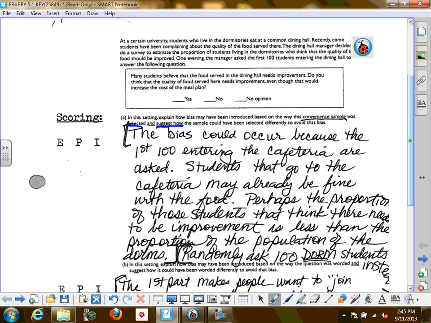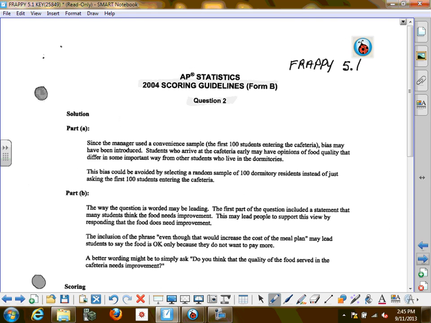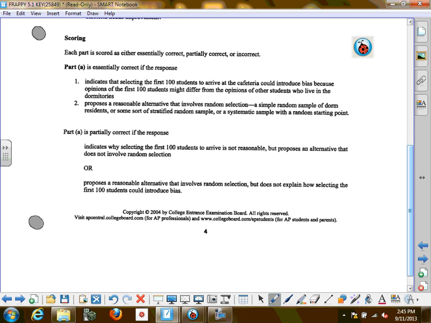So, in order to get your first question answered, you had to say that the first 100 students in the cafeteria might differ from the opinions of the other students who live in the dorm. In other words, you are saying the first 100 into the cafeteria are not representative of the entire dorm.